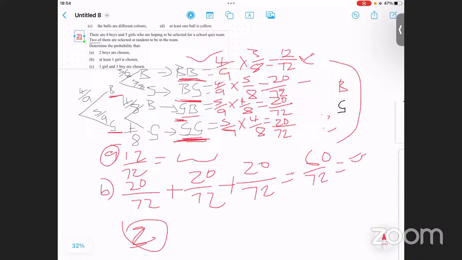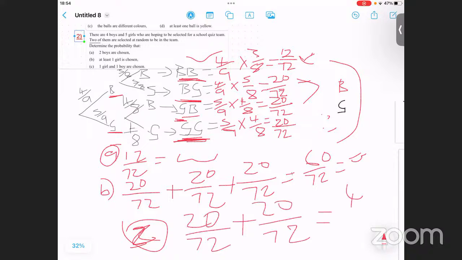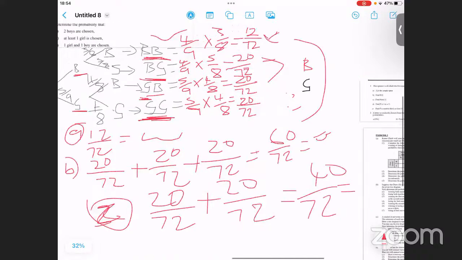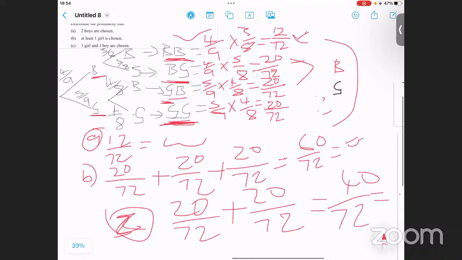No. So only two, right? Which is 20 divided by 72 and 20 divided by 72. So it's going to be 20 divided by 72 plus 20 divided by 72. And then you're going to get 40 divided by 72. And if you can simplify it, this is where you simplify it, okay? And there's no other question here.